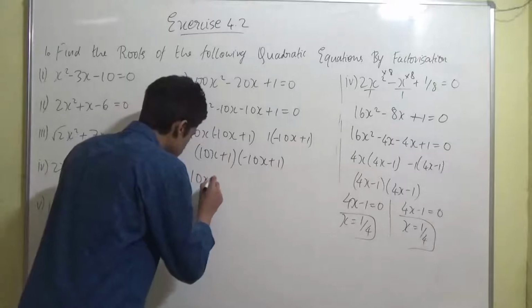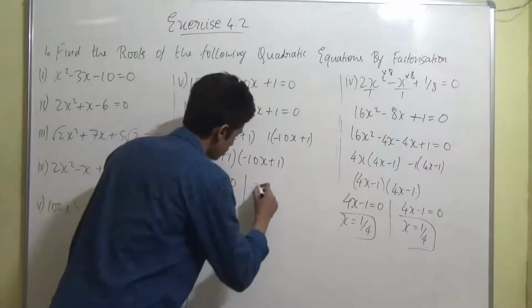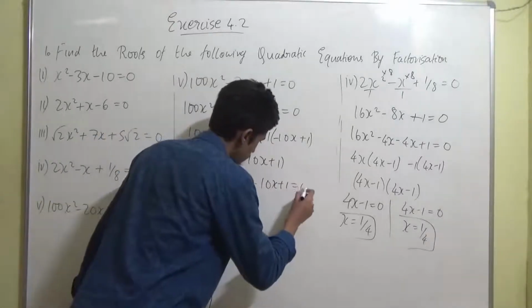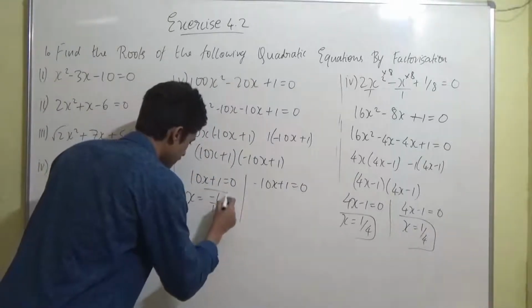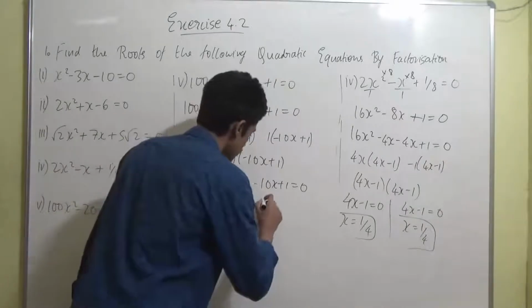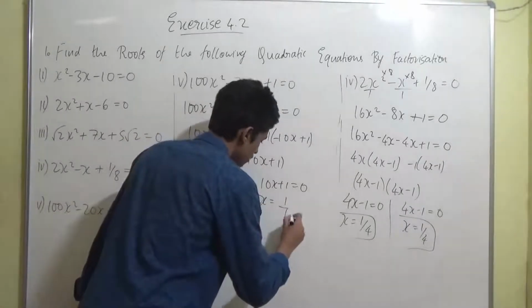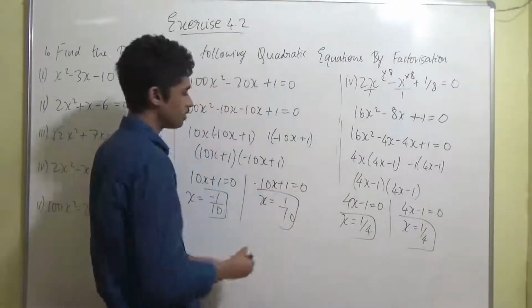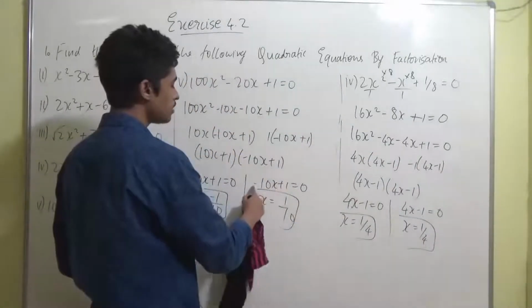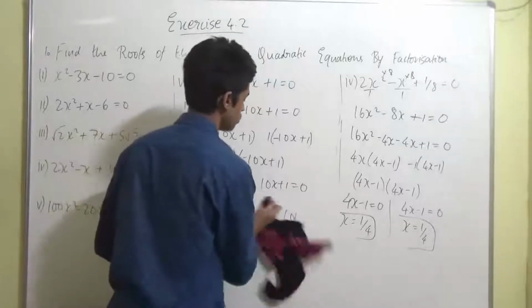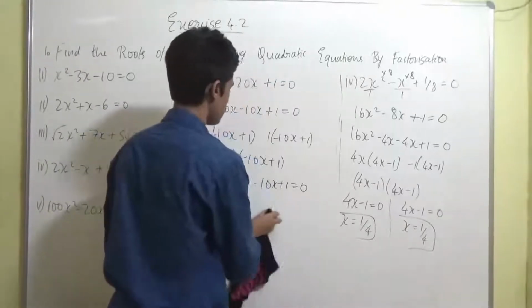So 10x plus 1 equal to 0 and minus 10x plus 1 equal to 0. From here you will get x equal to minus 1 by 10, and from here you will get x equal to plus 1 by 10, because the minus of 1 and this minus which is here will get cancelled, and so they'll become plus 1 by 10.